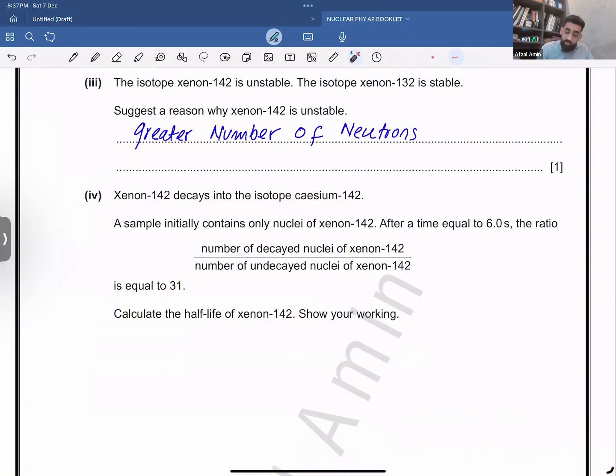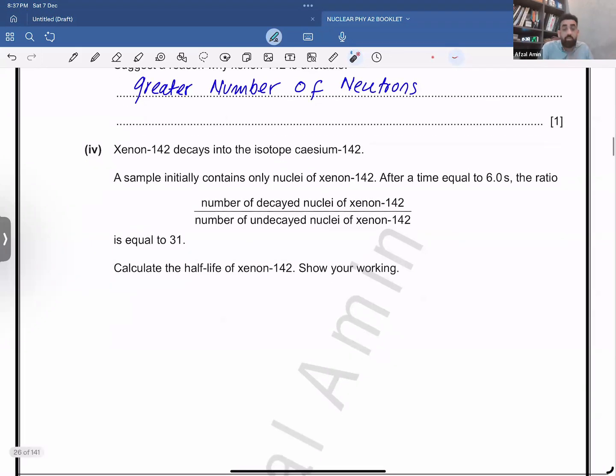A sample initially contains only xenon. After time t of 6 seconds, the ratio is 3 to 1. The ratio is 3 to 1, my dear students. Yes or no? So calculate the half-life of xenon.